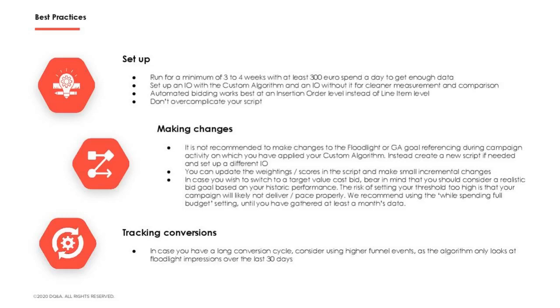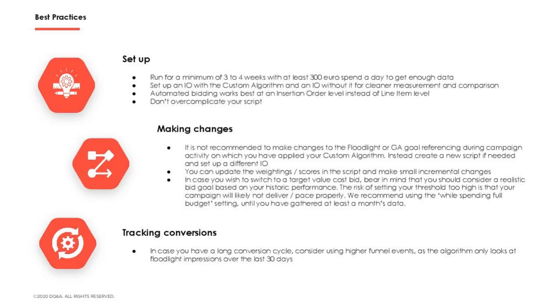So in case you wish to switch to a target value cost bid, which you can do obviously at both line item and insertion order level, bear in mind that for any automated bidding that you would do, think of a realistic bid goal, right?